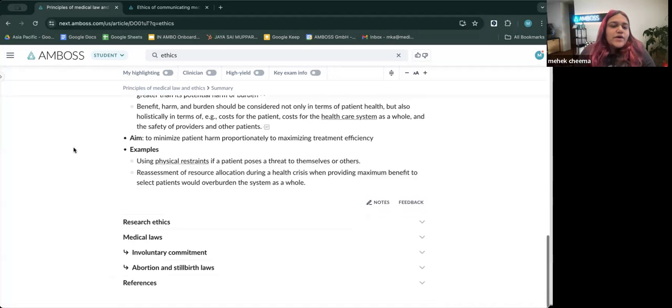All right. One thing where we talk about ethics a lot, and this is something you might see in psychiatry or in medicine, is physical restraints. I don't know if any of you have been to your medicine wards or your psychiatric wards yet, but patients are often restrained. The reason for this is something like, say, alcohol liver disease.